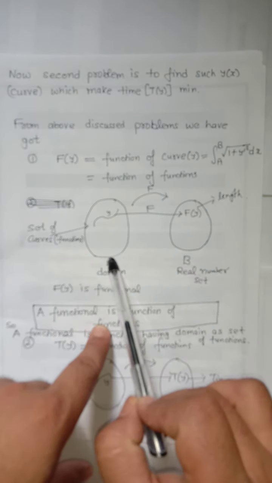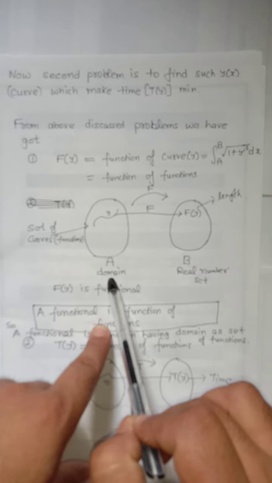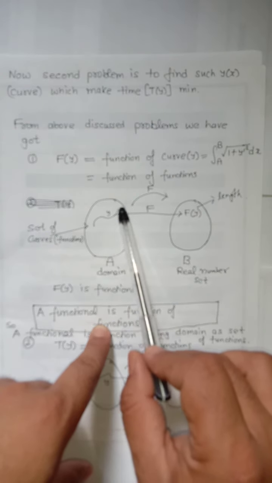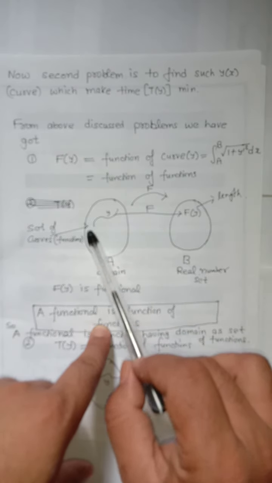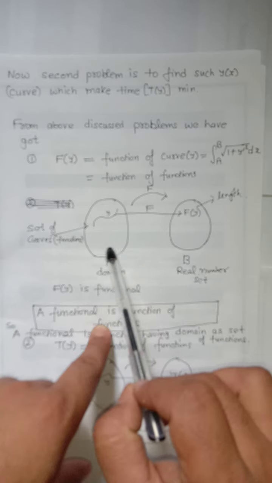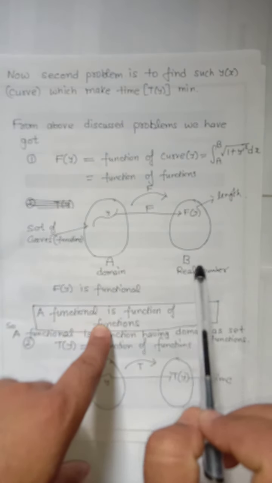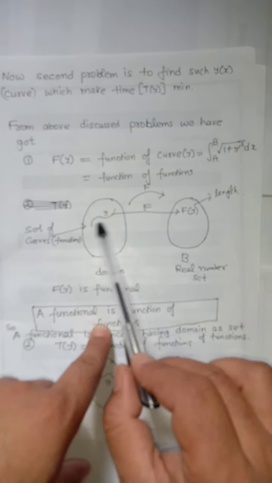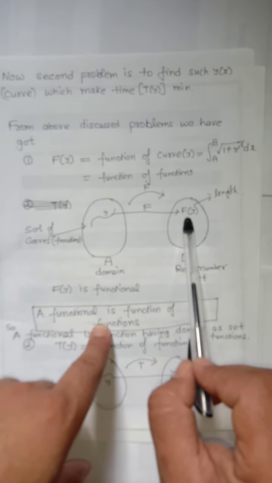F is a correspondence from set A to B. Here A is the domain, and the domain contains curves, curves joining point A to B in the first problem. This means A contains functions, and B is the real numbers, and the image is length, because it is representing length.